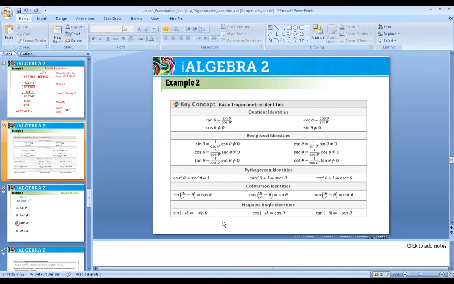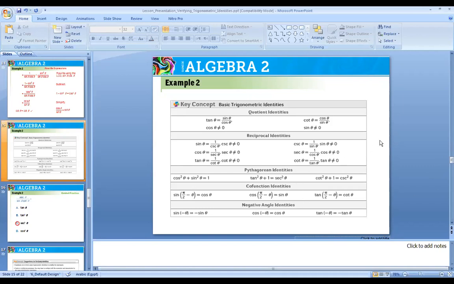Cosine is positive in the first and the fourth quadrant, so it removes the negative sign. For tan, like sine, if we have tan of negative theta, it will be negative tan theta. Okay, this is a revision for the identities.